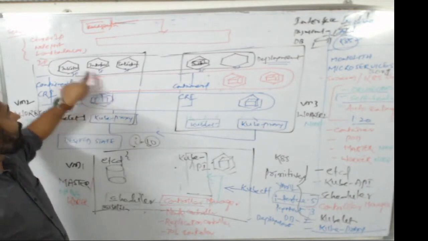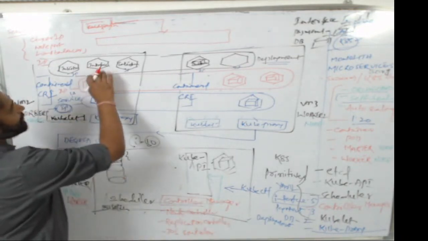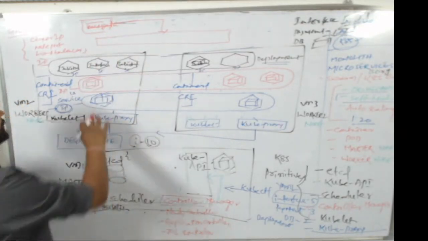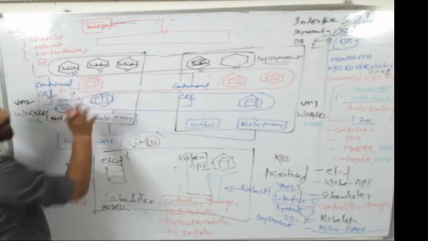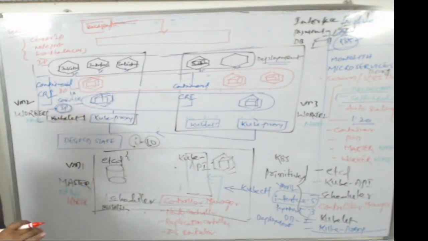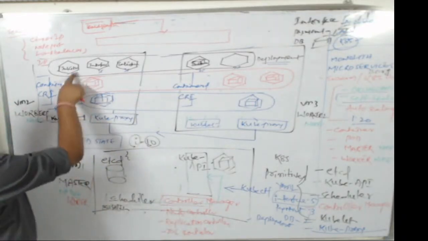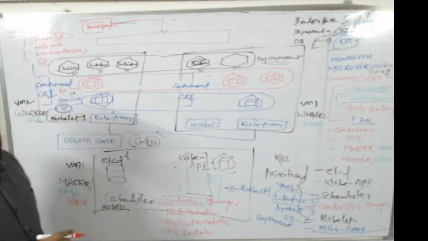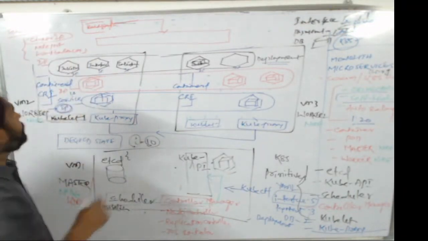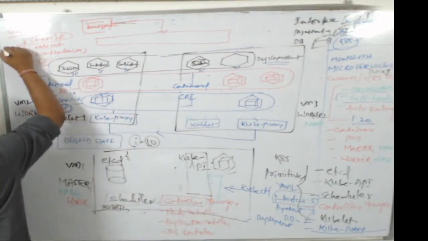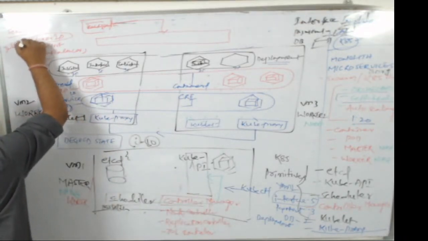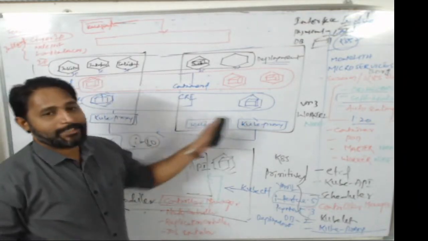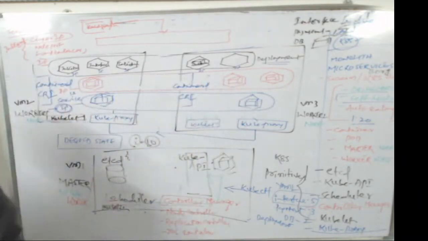It's not accessible. So some of the services need to be exposed outside. Other services need to be internally accessible. Any service that needs internal access is usually a cluster IP based service. So cluster IP is internal communication. It's still a service, but that IP is accessible only within the cluster.